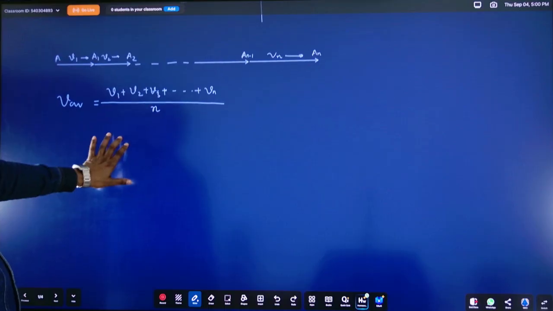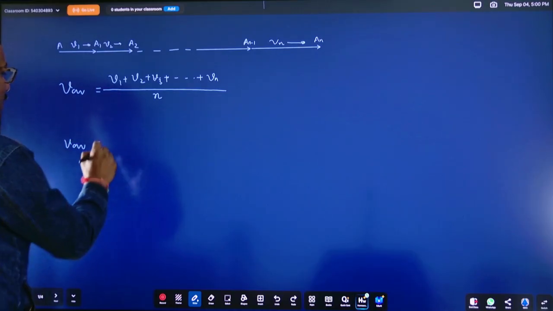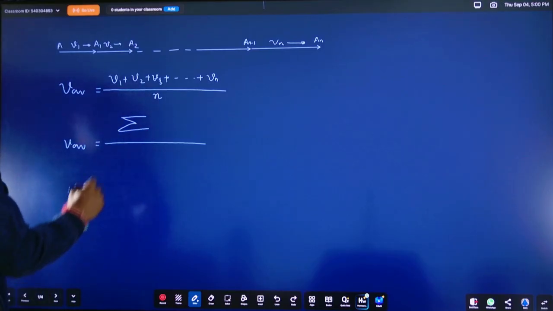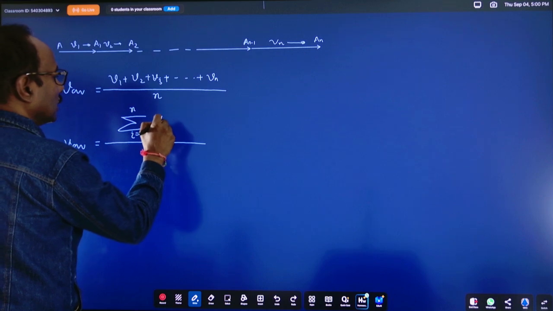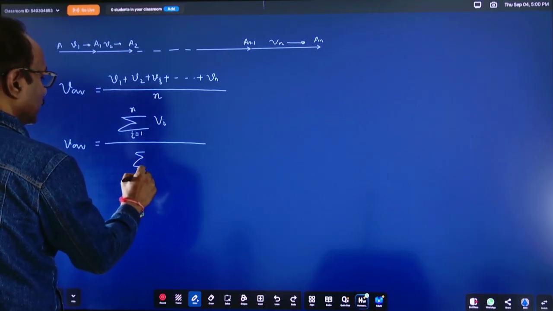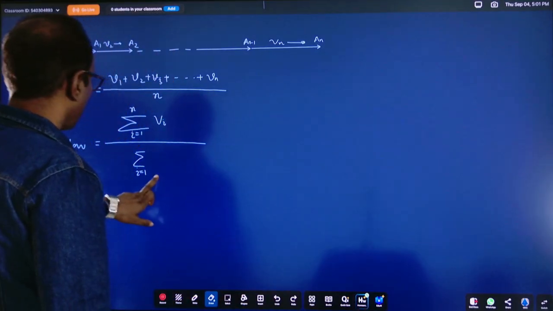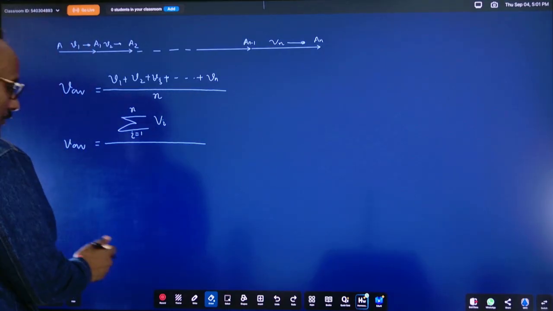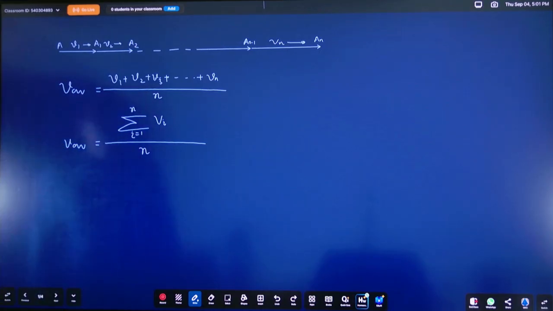So this can further be written in simplified form as V average equals summation i is equal to 1 to n Vi, divided by n.